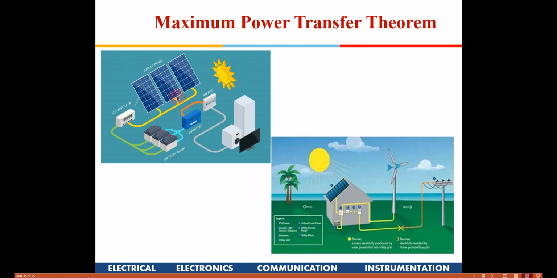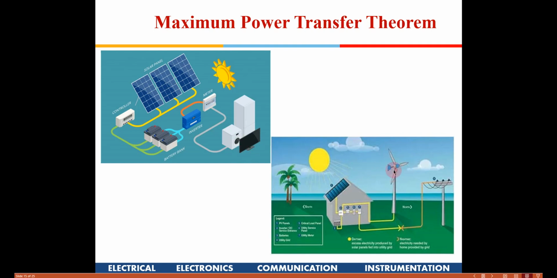For example, if you have a solar panel, it generates some current based on the energy absorbed from the sun, and then you will have a controller, and then a battery bank will get charged. But that is DC obviously, so you will need an inverter, and then you will have a distribution system. So you see energy is being transferred from one module to other. There are several modules which come here.